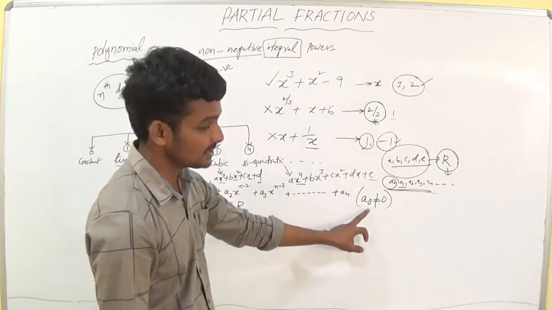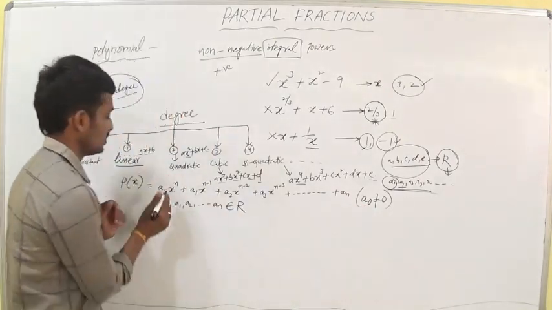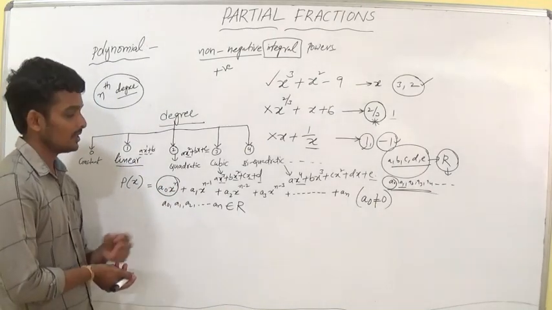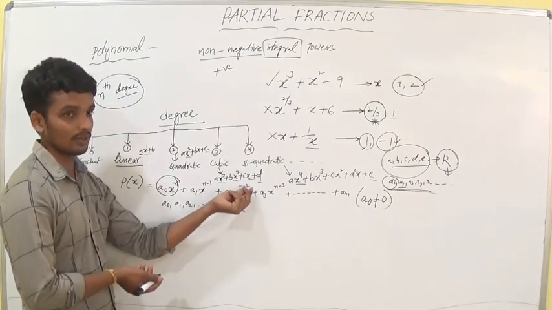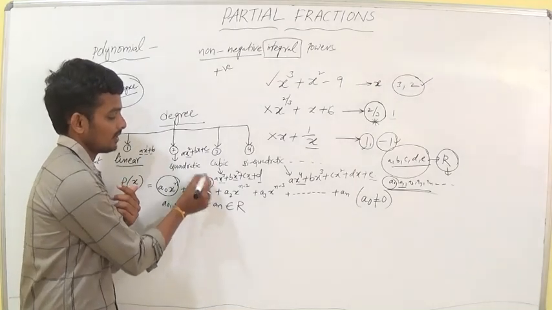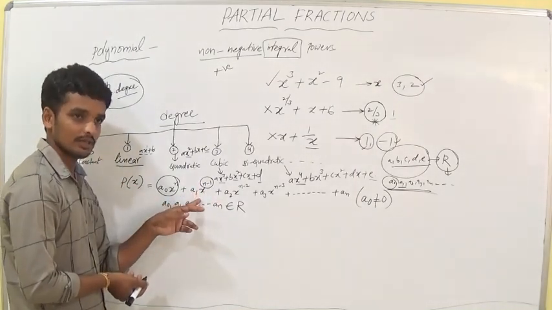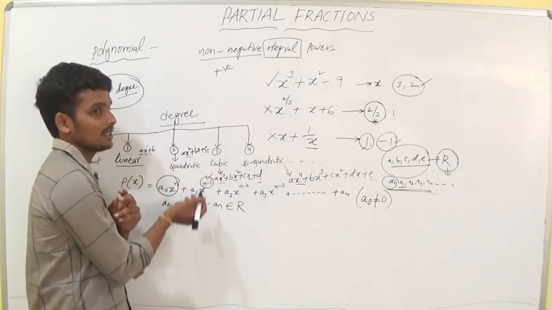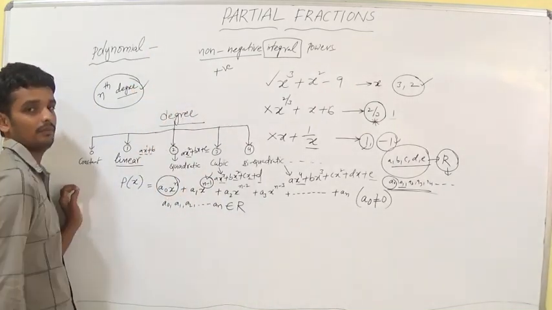If a0 is 0, there is no x to the power of n term. That means we start from a1 x to the power of n minus 1 plus a2 x to the power of n minus 2. Then the degree of the polynomial is n minus 1, because the highest power is x to the power of n minus 1. But our question is to write the polynomial with nth degree.